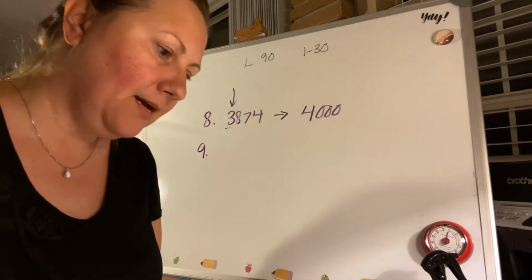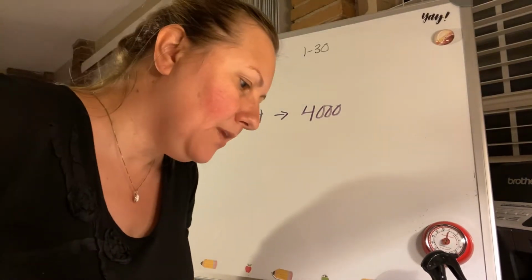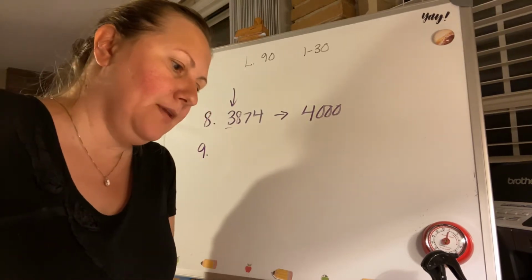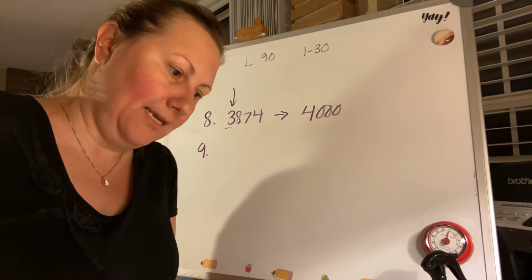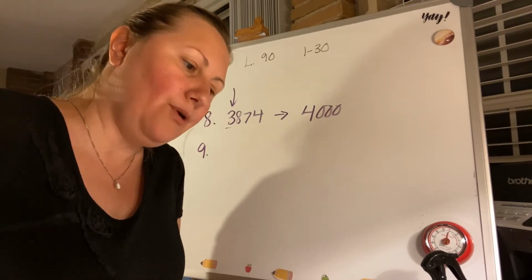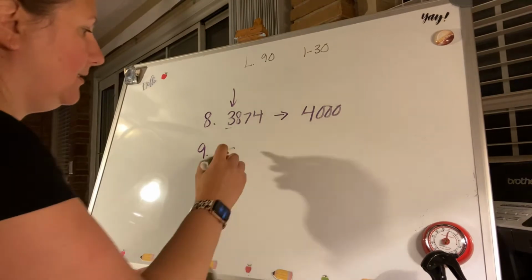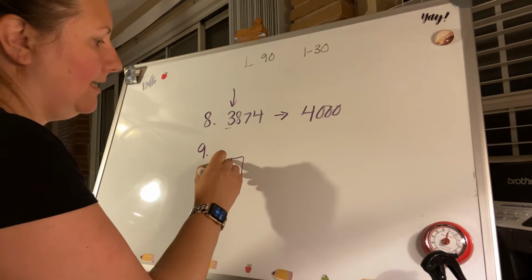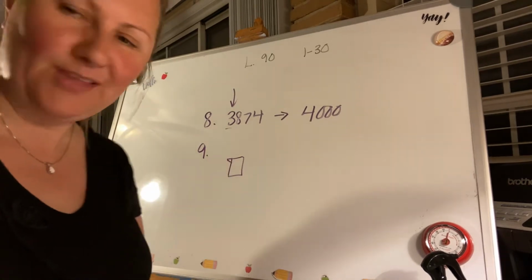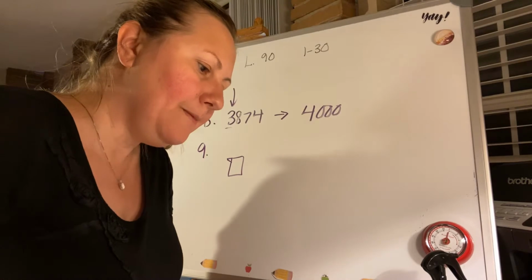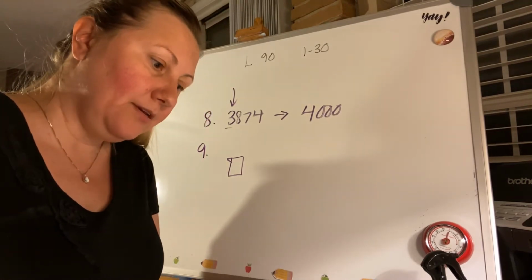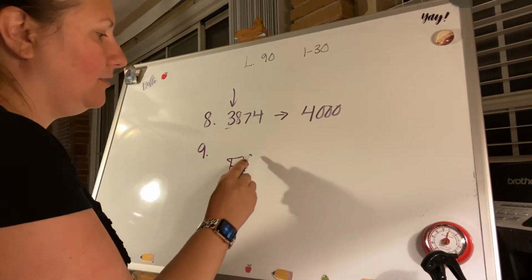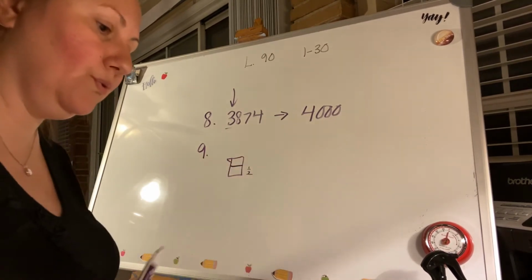Number 9. Alicia opened a liter of milk and poured half of it into a pitcher. About how many milliliters of milk did she pour into the pitcher? Okay, so let's just draw a picture for a second. Once again, it would be good to have Corbin here or some of our other artists. So she's opening this liter of milk and she's pouring half of it. So she's going to basically cut it into two, right?